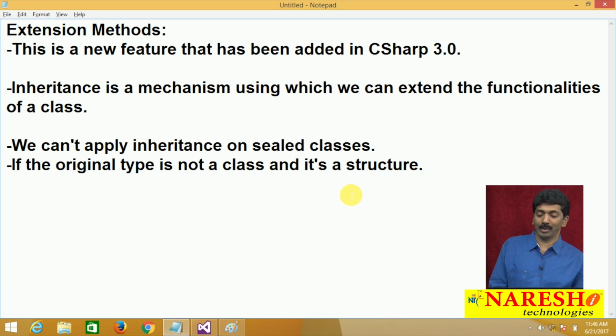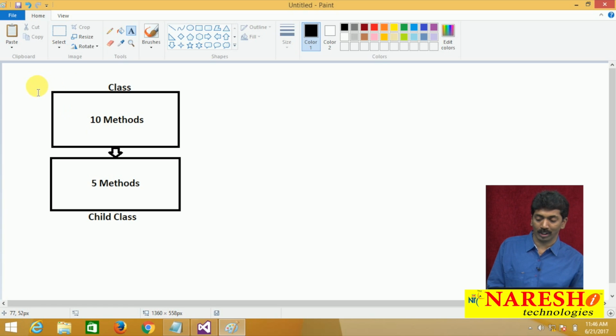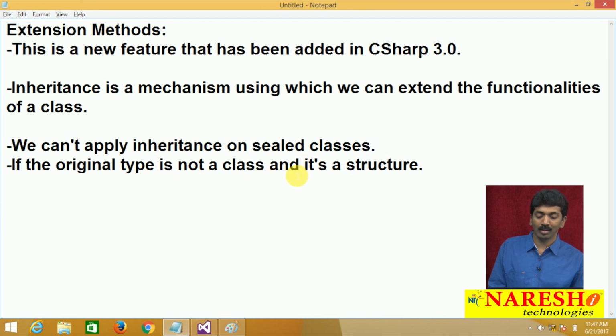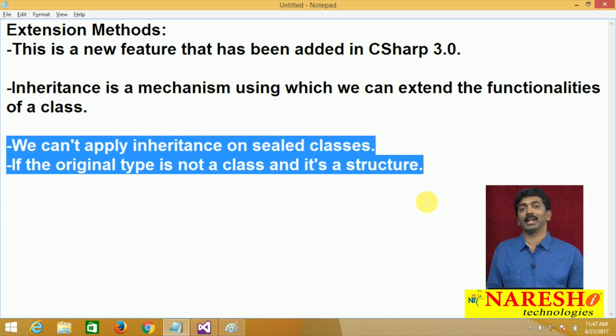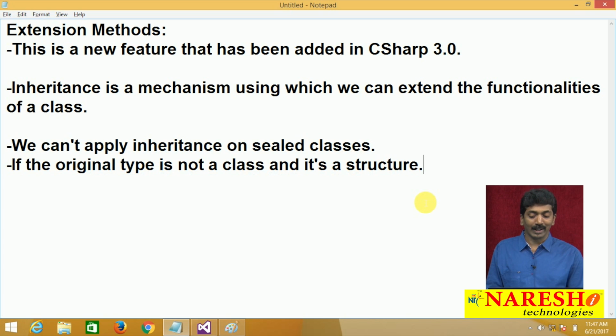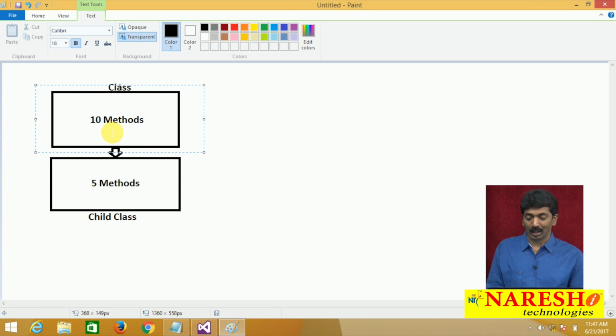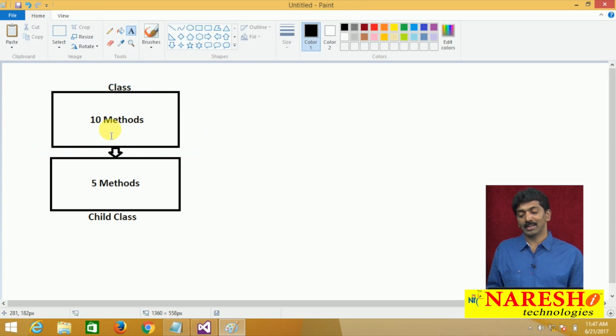In both these two scenarios, I cannot apply inheritance. I can apply inheritance provided this is a class, and that too it is not a sealed class. But if it is a sealed class or if this is a structure, I cannot apply inheritance. This is the problem we have.